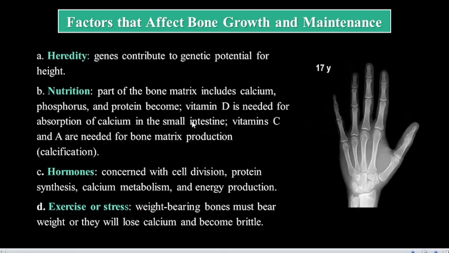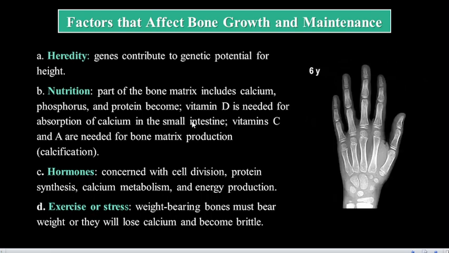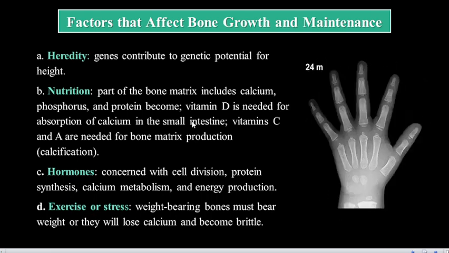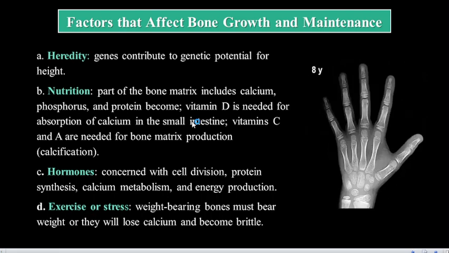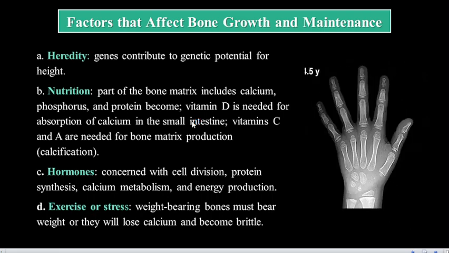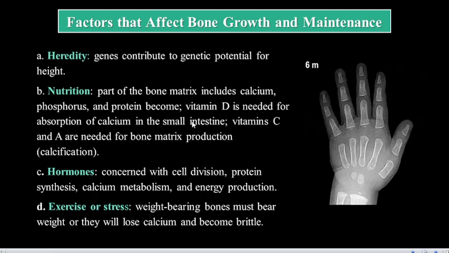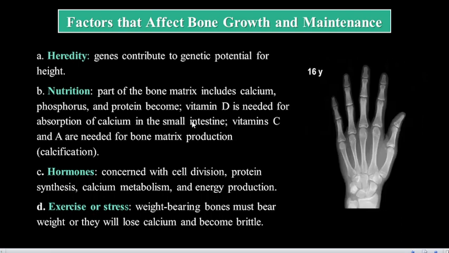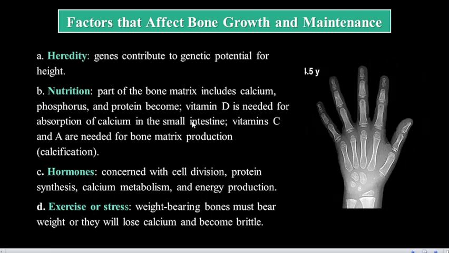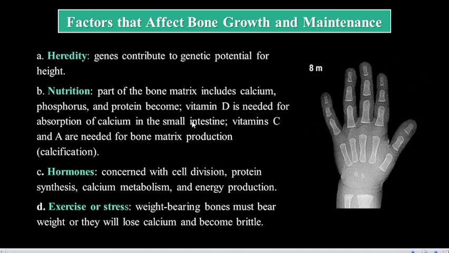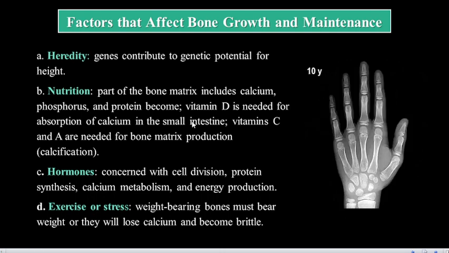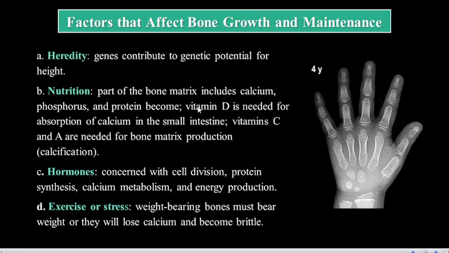For example, inom ka ng milk kasi gusto mong tumangkad, no? Kaso lang, kahit gaano ka pang kalakas uminom ng calcium, if kulang ka sa vitamin D, yung calcium na ininom mo na gatas, hindi siya ma-absorb ng small intestine.